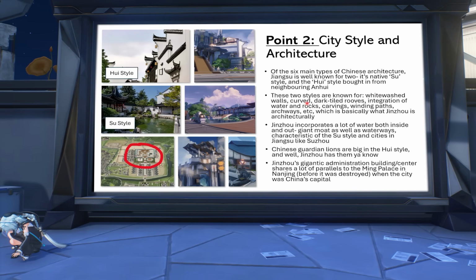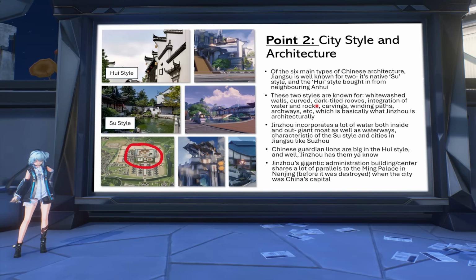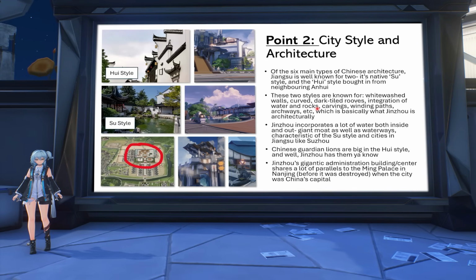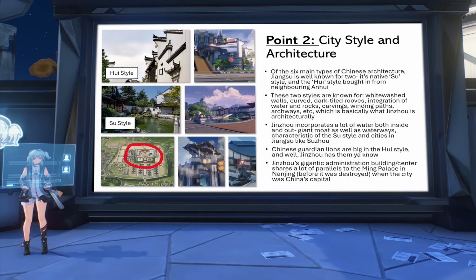Together, they're very well known, for example, for whitewashed walls. You have curved and dark tiled roofs, and also a lot of integration, especially from the Su style, of water, ponds, rocks, carvings, and winding paths, right? And if you look at, for example, these screenshots I've taken of Jingzhou, you can see there are already a lot of similarities, right? A lot of Chinese architecture outside of these two styles doesn't have these whitewashed walls and dark tiles, but as soon as you see Jingzhou, this is very apparent.